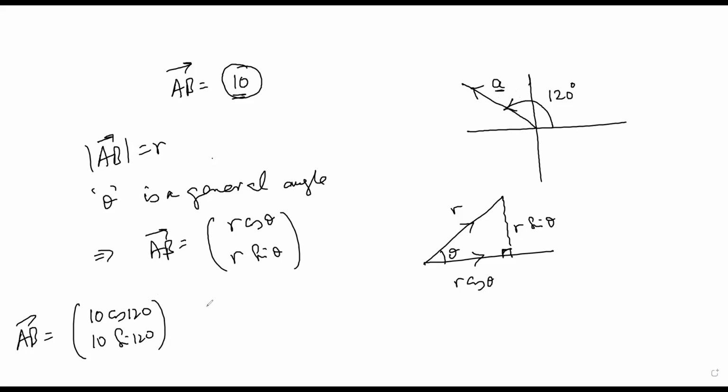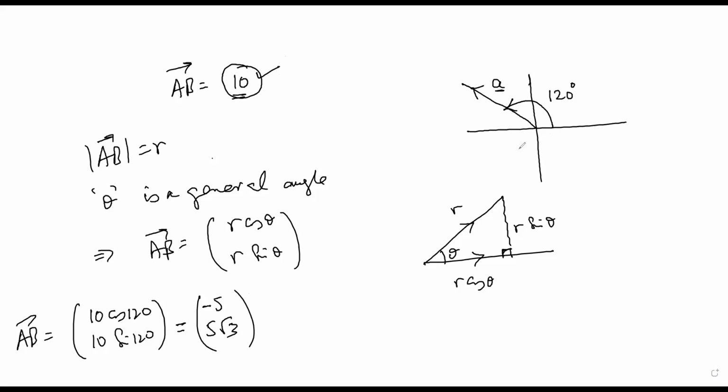Now you use your calculators. 10 cos 120 would be -5, I think, and 10 sin 120 would be 5 root 3, something like this. Is it like this? Yes, sir. Understood. So this is the vector whose magnitude was 10 and whose direction was 120.